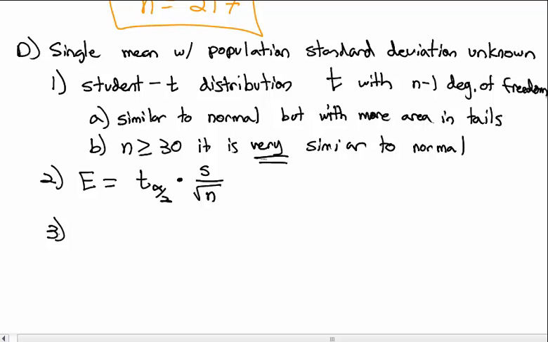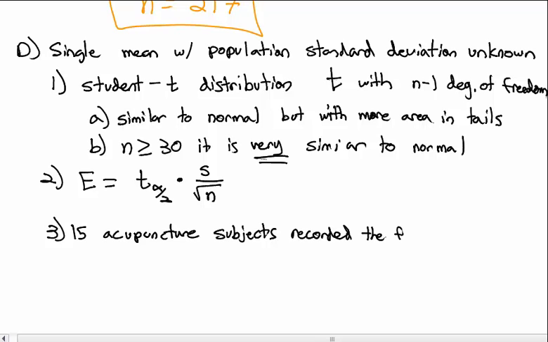So let's do an example. Let's say we had 15 acupuncture subjects who recorded the following sensory rates.